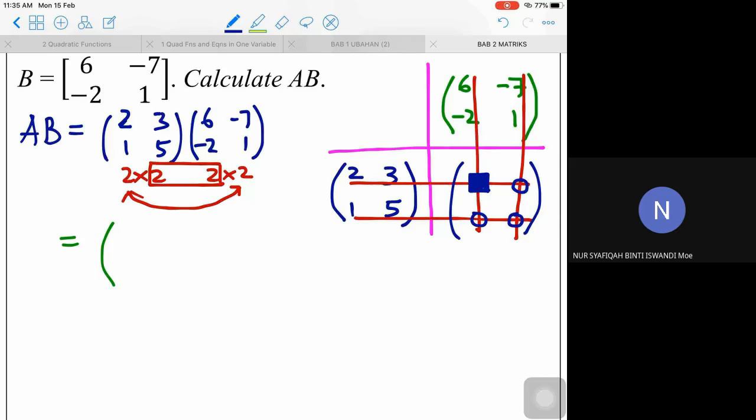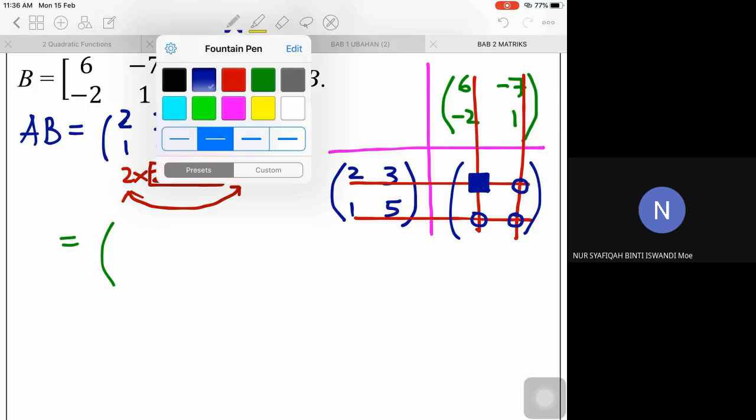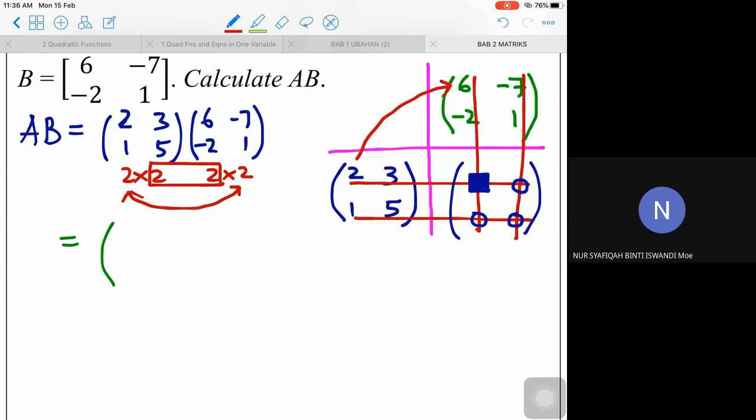Inside the first row we have 2 elements, and inside the first column we also have 2 elements. So how do we multiply? We do it like this: the first multiplied by the first, 2 multiplied by 6, and then the second multiplied by the second, 3 multiplied by -2.